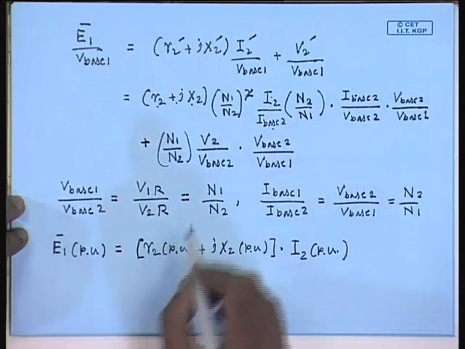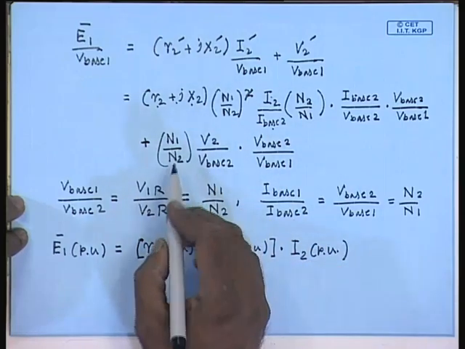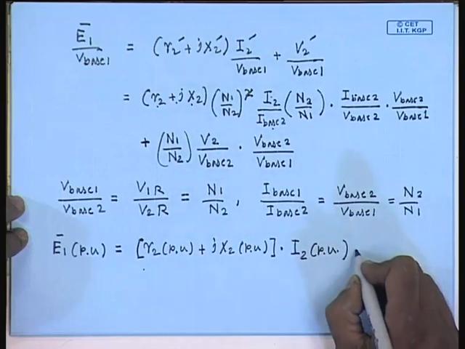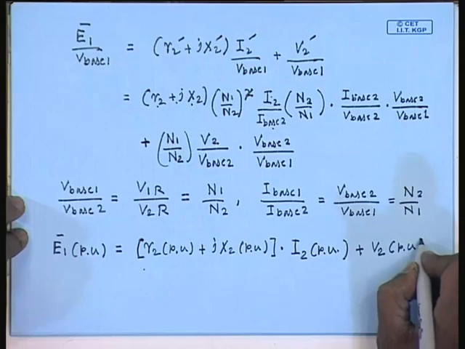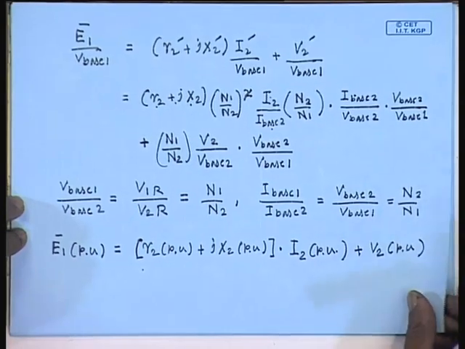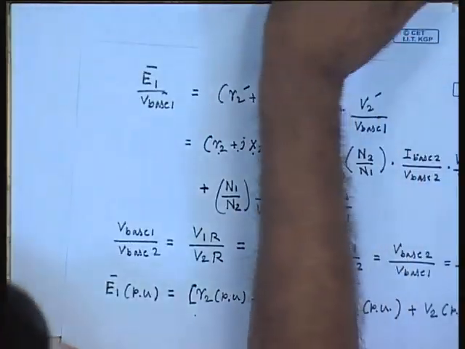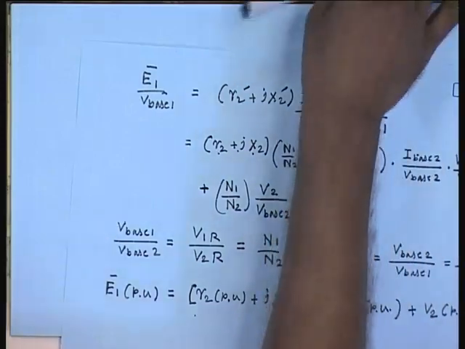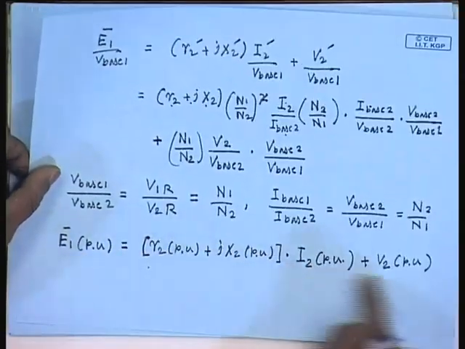Therefore, this is what we get from this, and on this side we have N1 by N2 into V base 2 by V base 1, which is again 1, and we are left with only V2 per unit. So, we see that we arrive at the same equation in per unit.